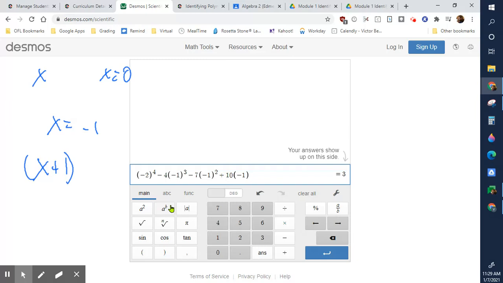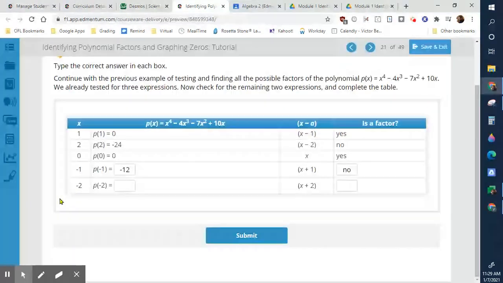Change this 1 to a 2, making it -2. And I'm finally going to change this one. And right here, we're getting 0. So that means that if I input a -2, I should get 0, meaning that the term x plus 2 is a factor.